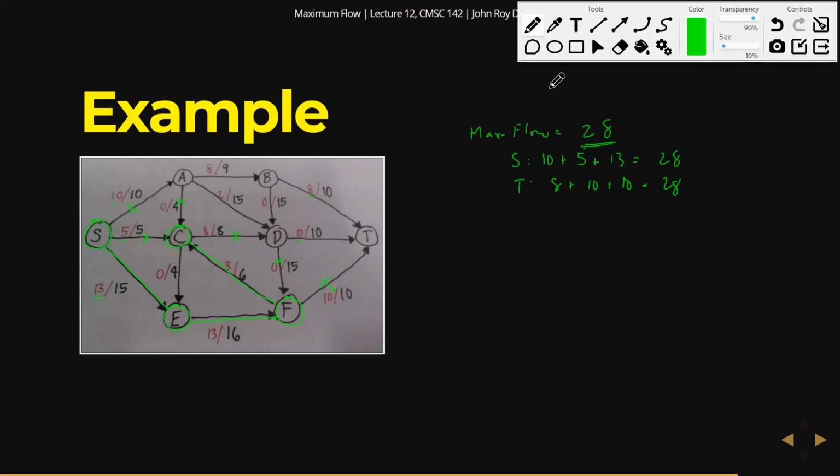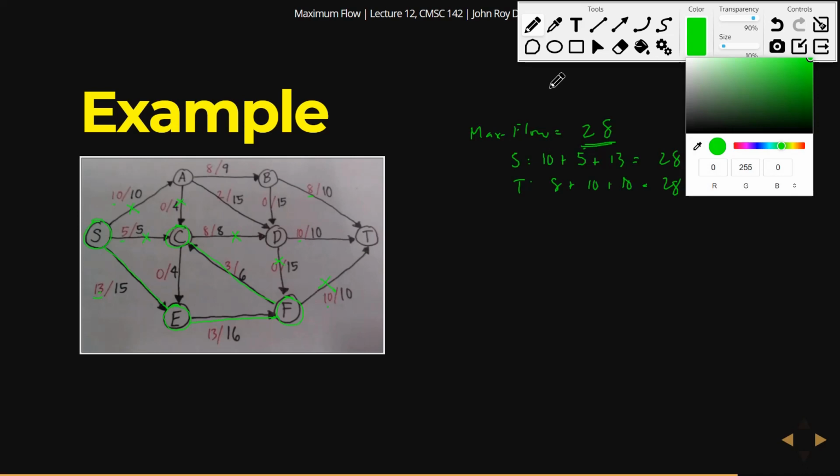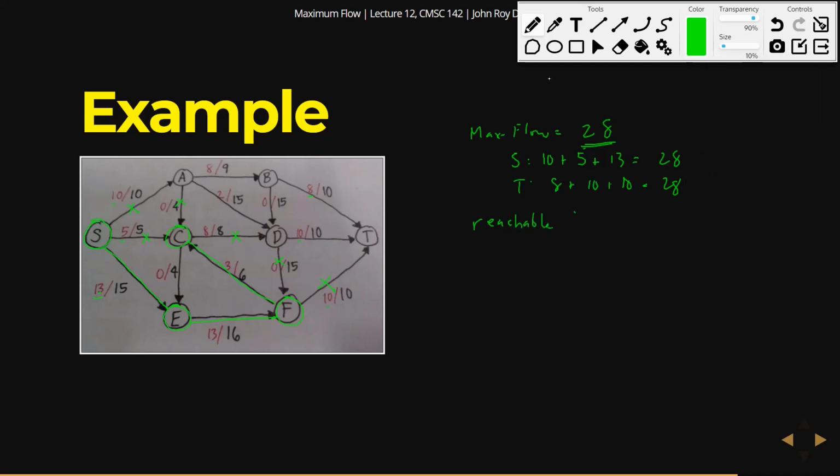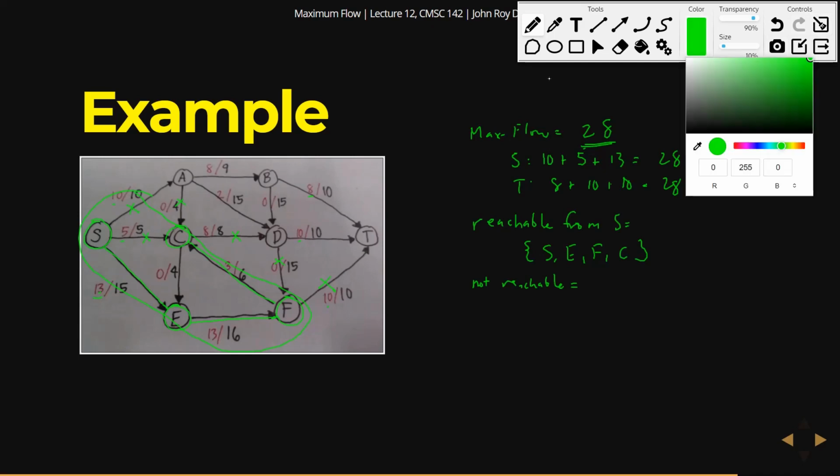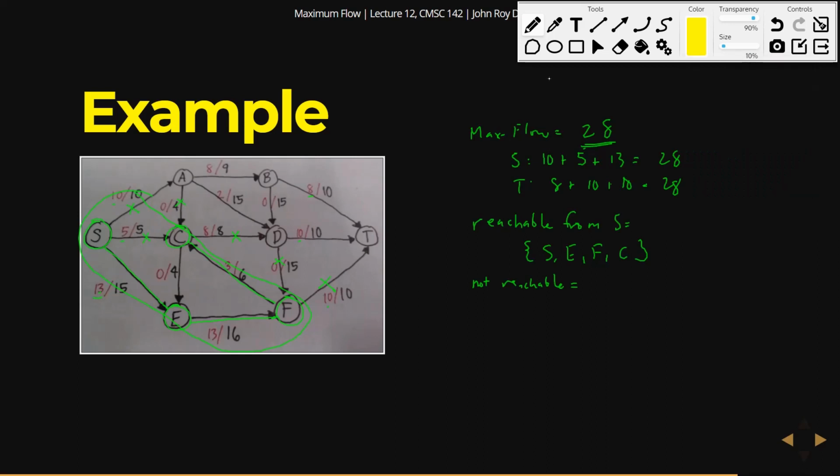So this would be our partition. The nodes that are reachable from S are S, E, F, and C. So this is one group, S, E, F, C. And then the non-reachable nodes are A, B, D, and T. So that is this group.